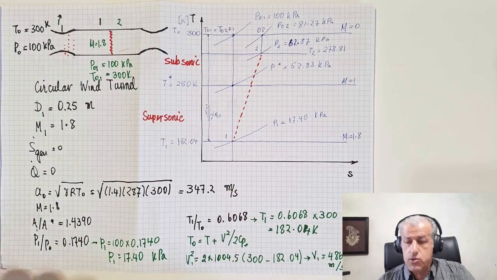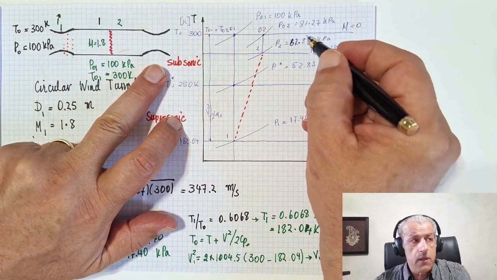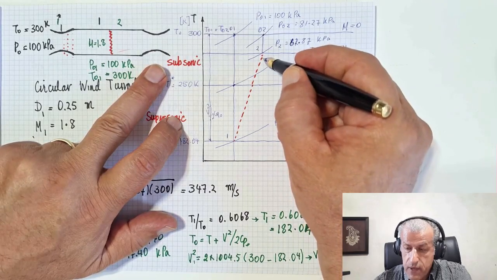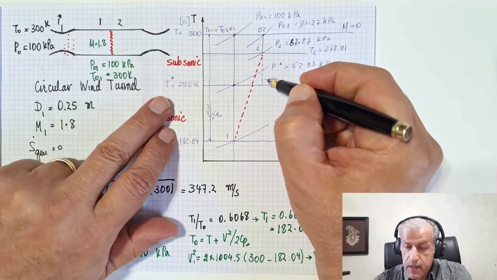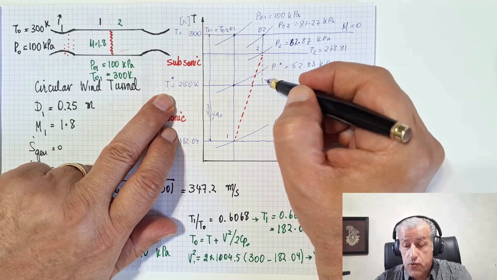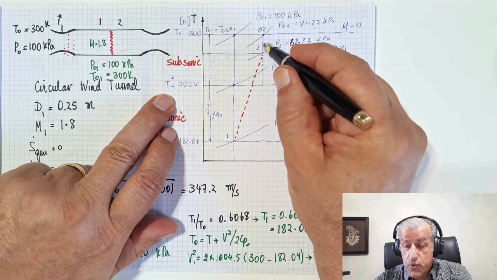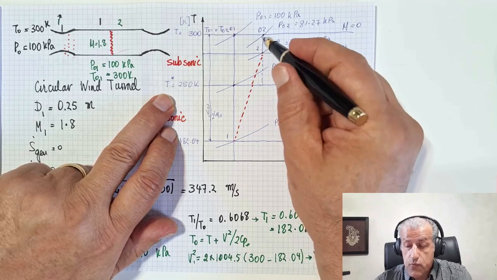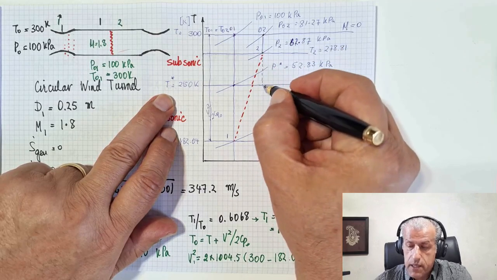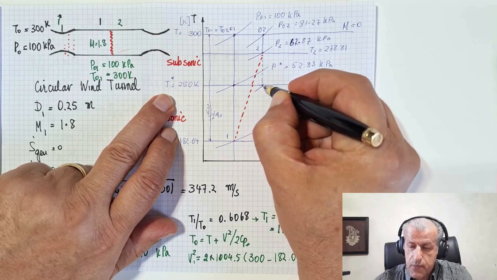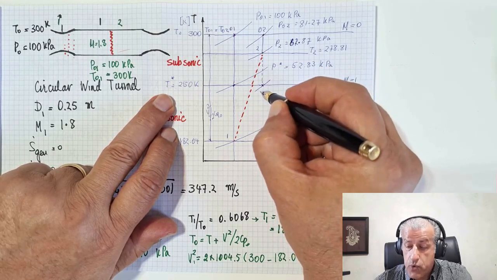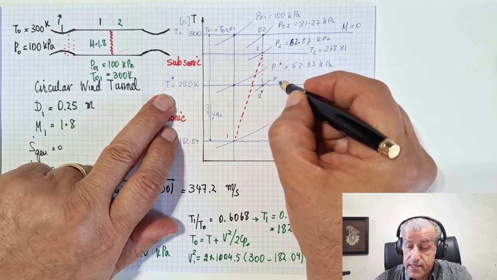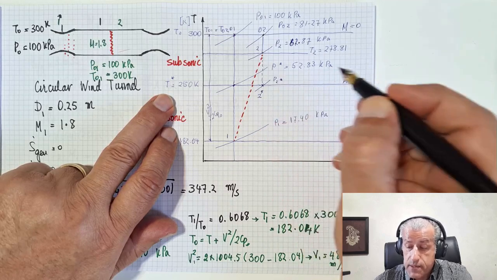Now, for the second throat here, the total temperature is the same, and therefore the temperature at the throat would be the same. This is our point 2, and therefore any throat for point 2 would be along the isentropic line, and this point would be point 2 star, and this line is P2 star.